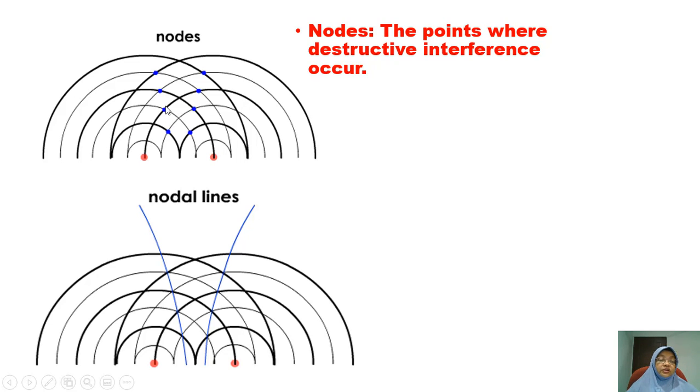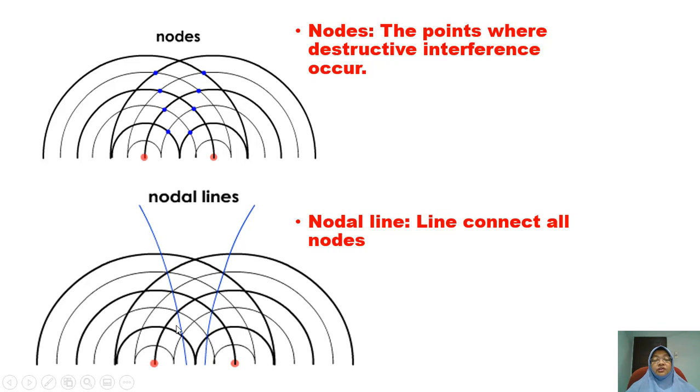The blue dots are the locations of destructive interference. Remember, this is the crest, and the light line is the trough. The line joining the node points is what we call the nodal line, the line connecting all node points.